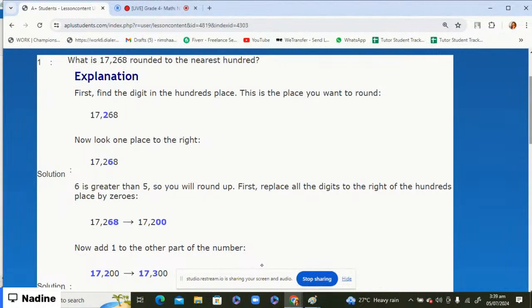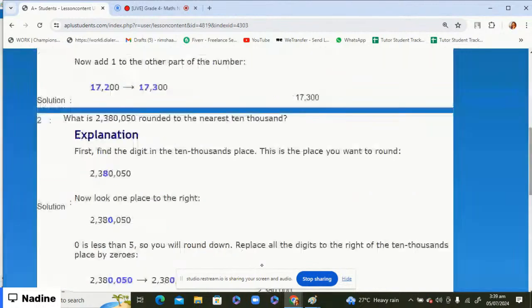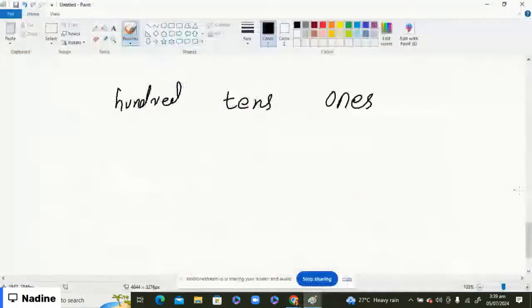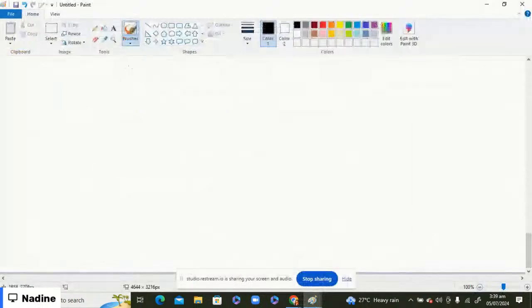Okay. Now for example, if I'm going to write a question here. 13,590 rounded to the nearest 100. This is ones place, tens place, and hundred place.